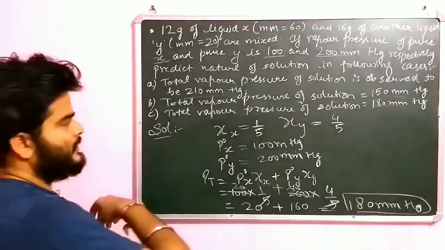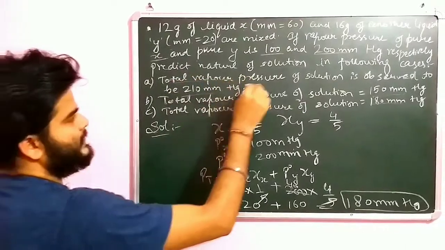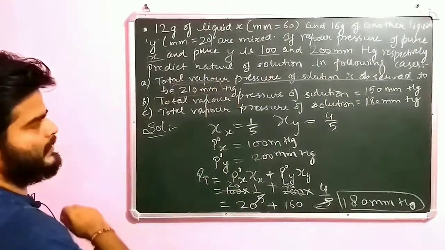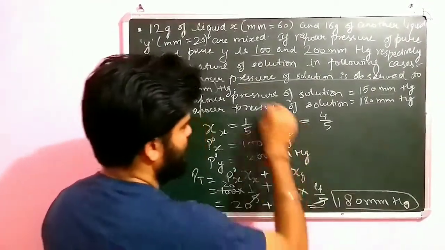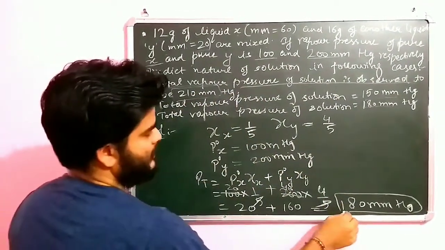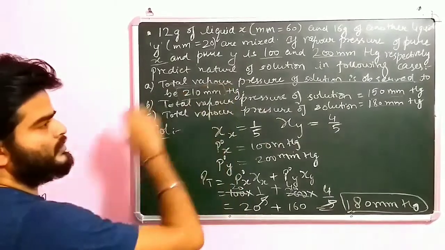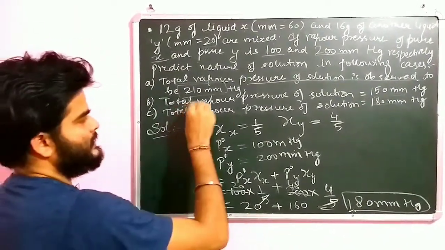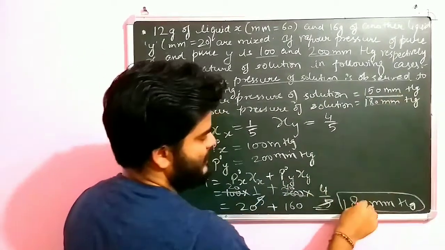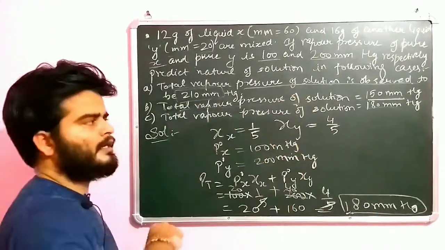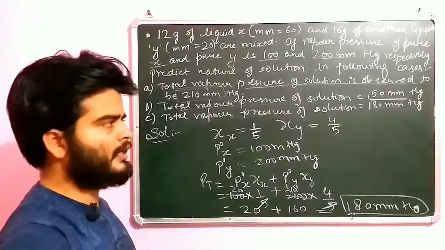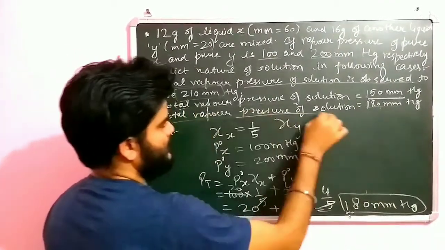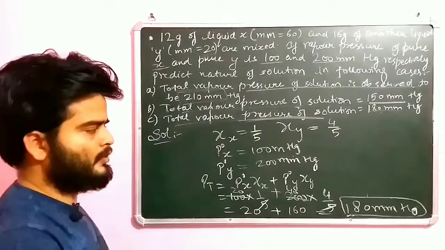Now you can see, if the vapor pressure of solution is 210 millimeter Hg, it means this is larger than this value. It means this solution is non-ideal, showing positive deviation. If this is less than this value, this solution will be non-ideal solution showing negative deviation, and if this is same, it means this is the ideal solution.